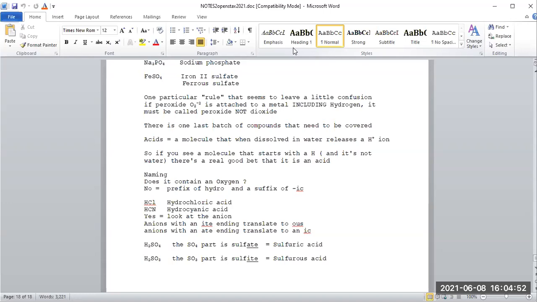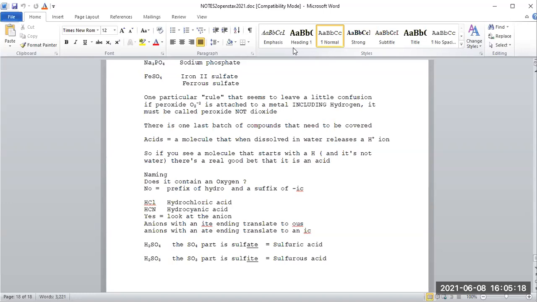The difference between those two categories influences the way you name them. If it starts with an H but has no oxygen atom in it, you use a prefix of hydro and a suffix of ic.